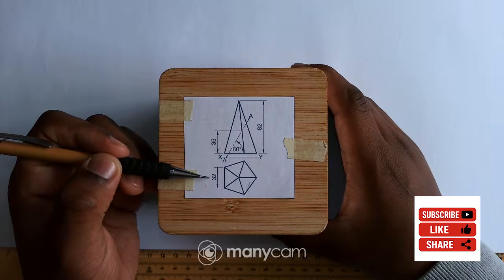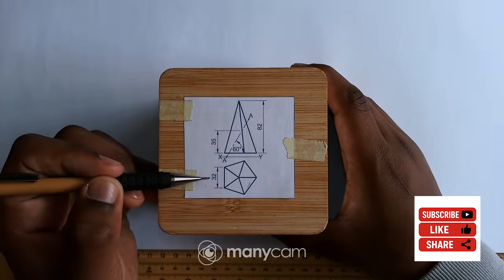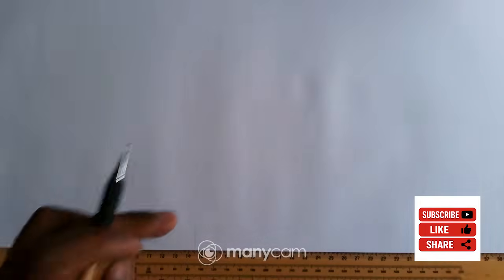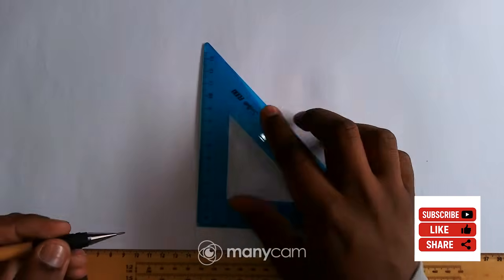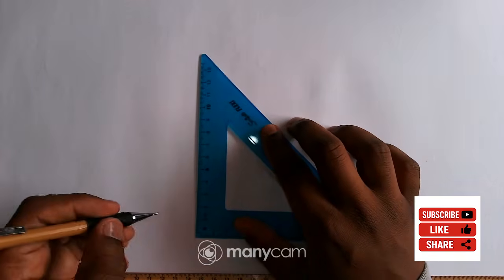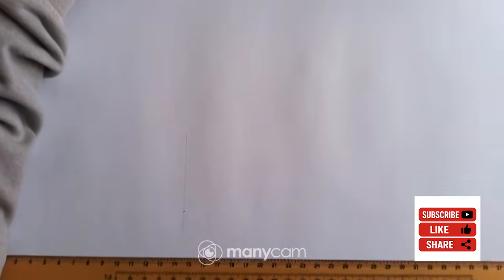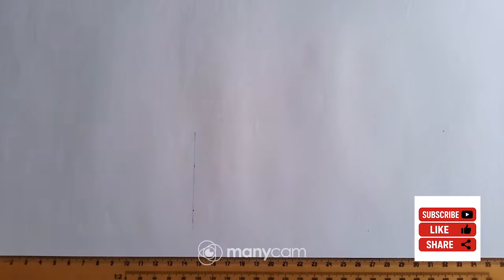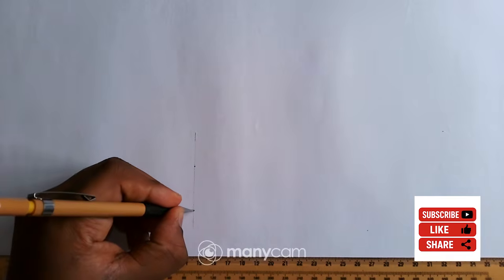We are given that the distance of the sides is 32. So on that line, I'll just mark 2 points. So I'll mark off 32 there. So this is 32, right? Okay, so I have 2 points there.